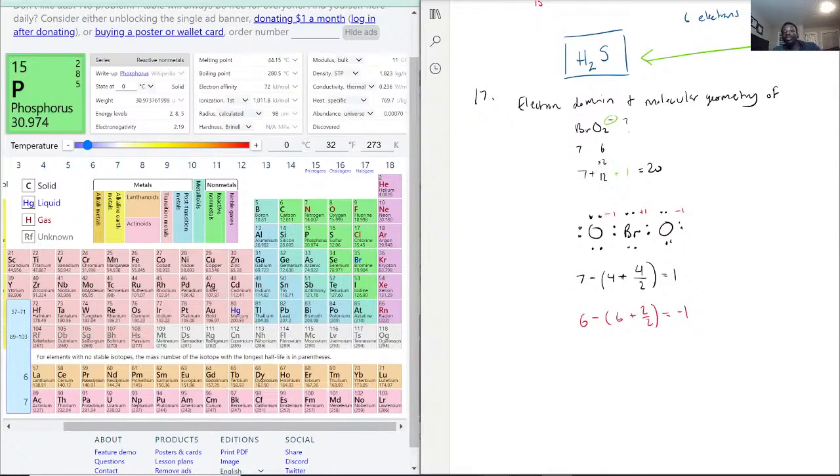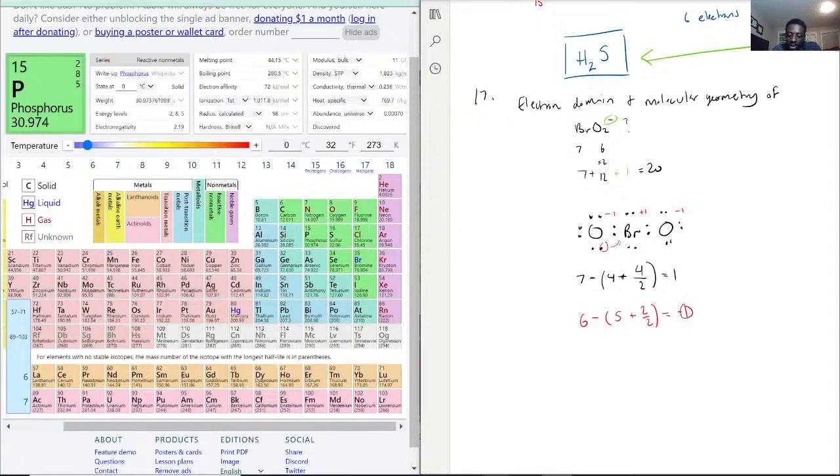You technically want to get as close to 0 as possible. But for this one, if we try to get to 0, you would unfortunately end up with very unstable elements on the side. For example, if we try to move 1 electron over here to make it 0, it would become 6 minus 5 plus 2 over 2, which would technically be 0.